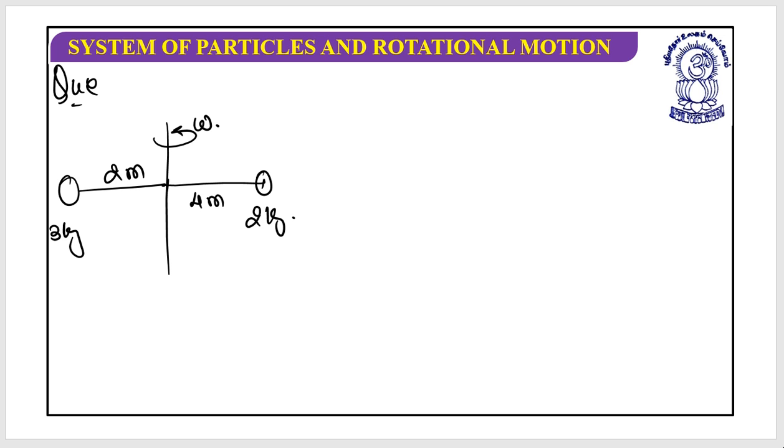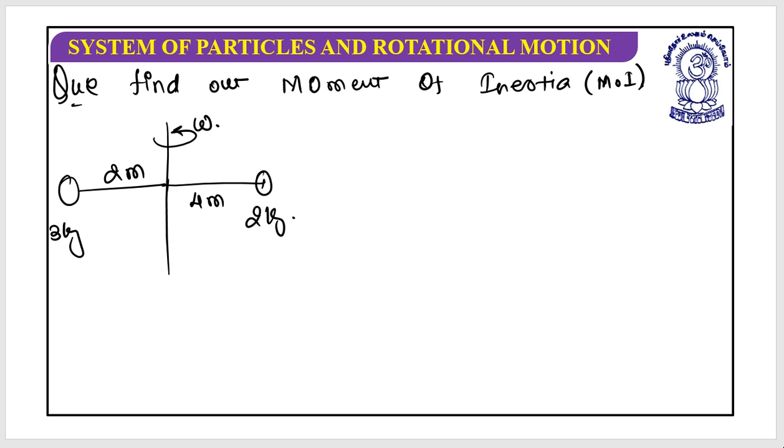So what they want is to find out the moment of inertia. From next time onwards I will write it as MI. Do not think this is mission impossible, this is moment of inertia. So find out the moment of inertia of the given diagram.